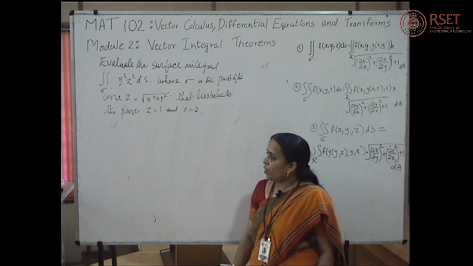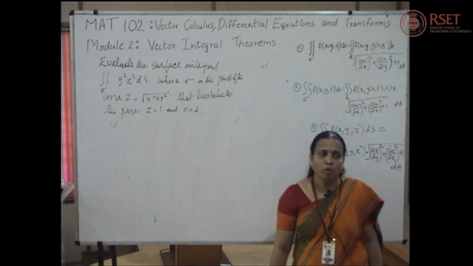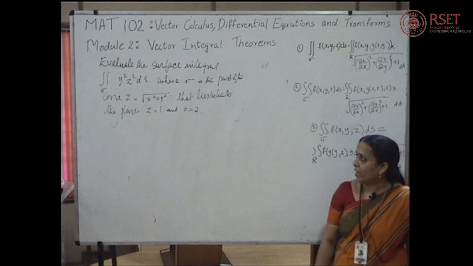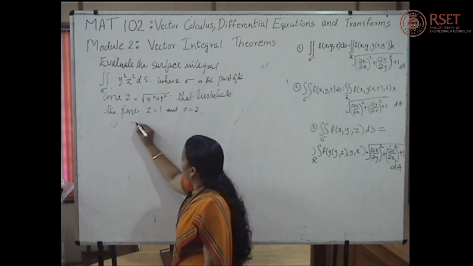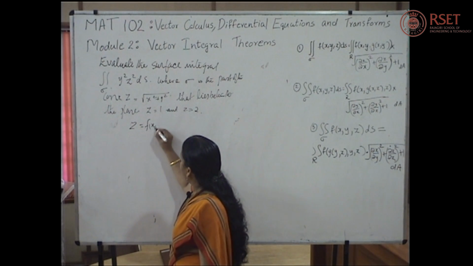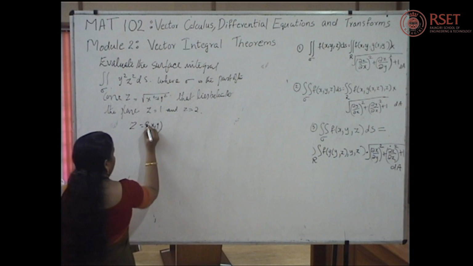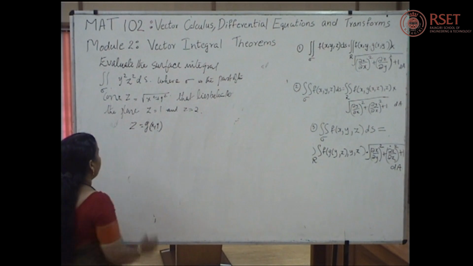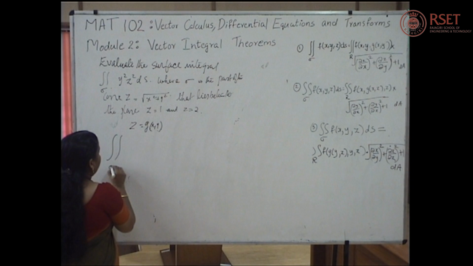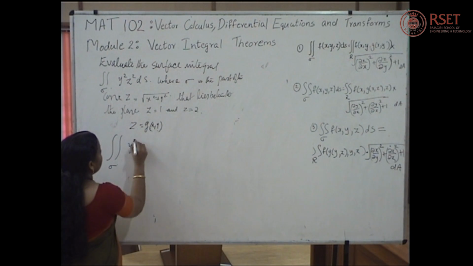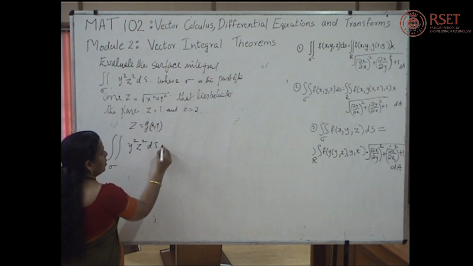Here the surface of the cone z = root of x² plus y², that is z is given as a function of x and y, z = g(x, y), and our integration is the integral over sigma of y² z² dS.